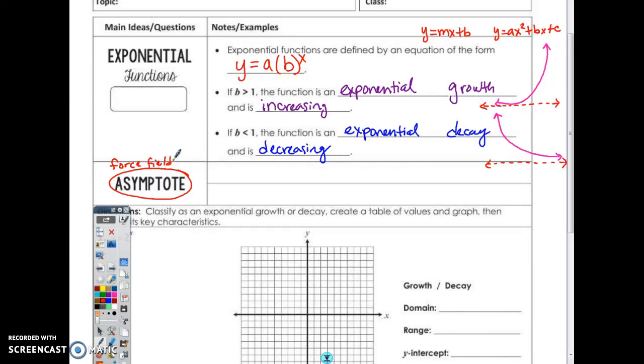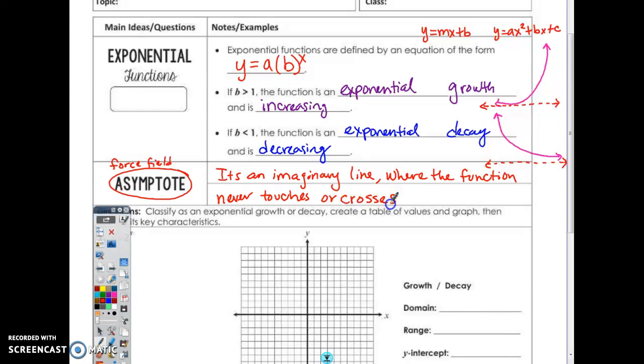And a force field is something that you can never touch or cross. Okay? So we're going to say it's an imaginary line where the function can never touch or cross.